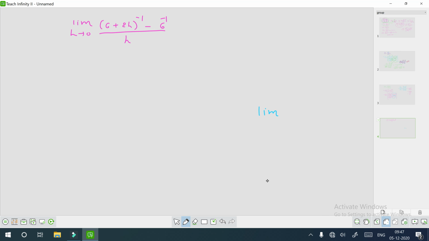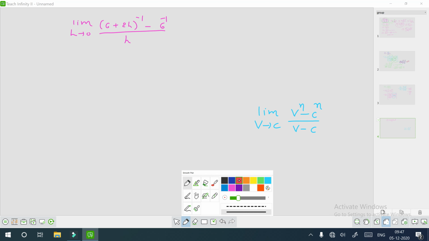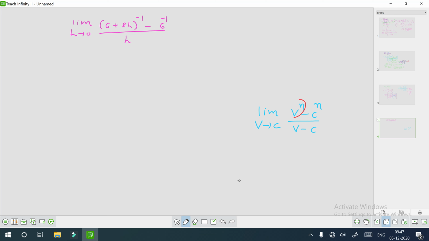Whenever we want to apply this standard form, variable tends to constant, variable raised to n minus constant raised to n over variable minus constant, at that time only this information is given to us. Rest of the part we have to arrange.